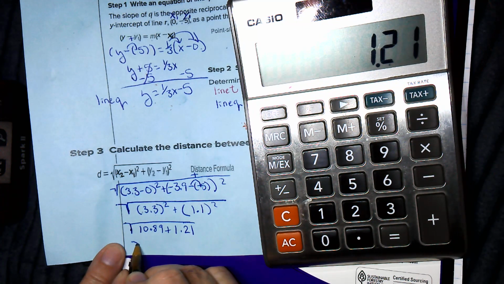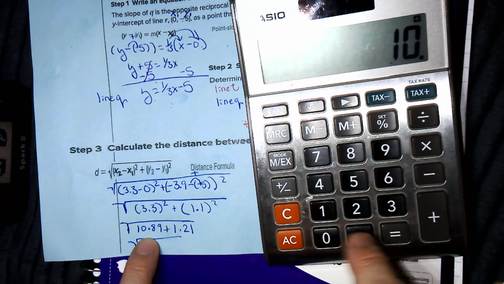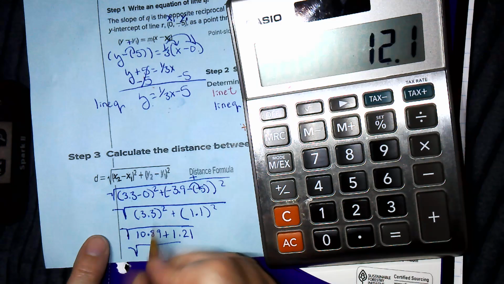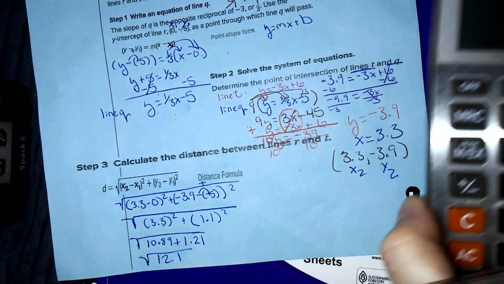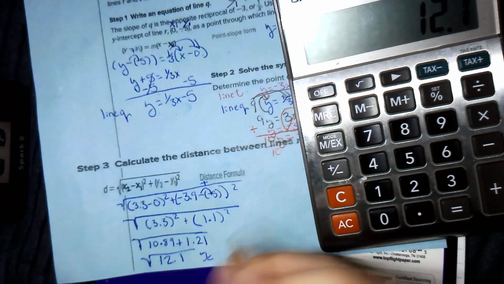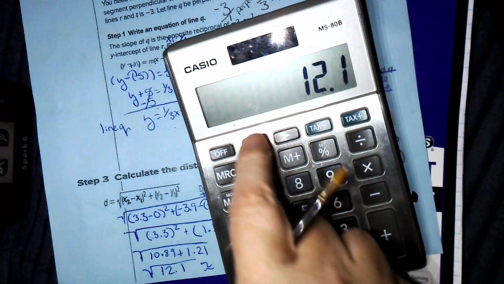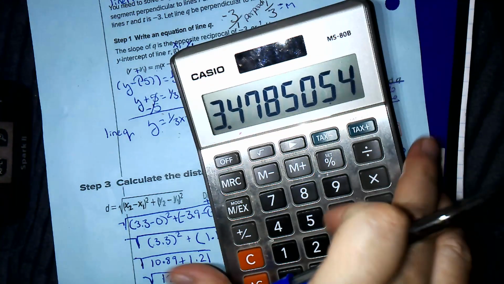Still not done yet. Square root of, so we add 10.89 to that, and that equals 12.1. We weren't given anything, so let's take the square root of that. 3.47.